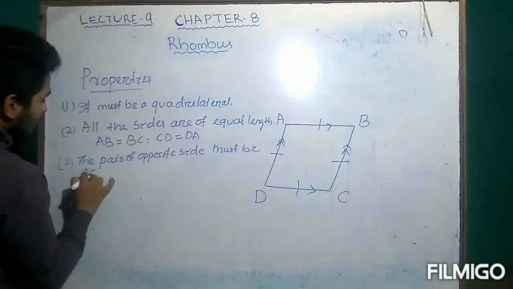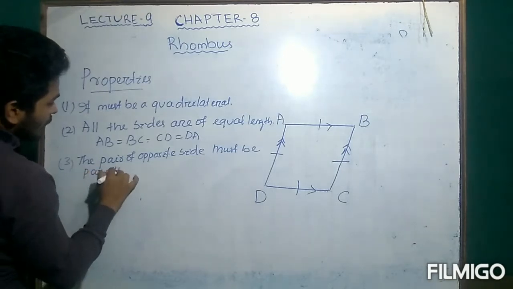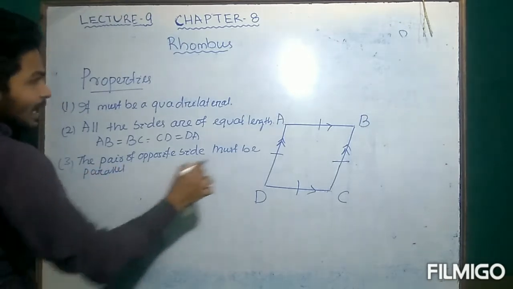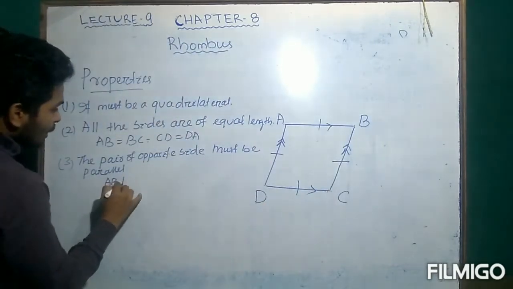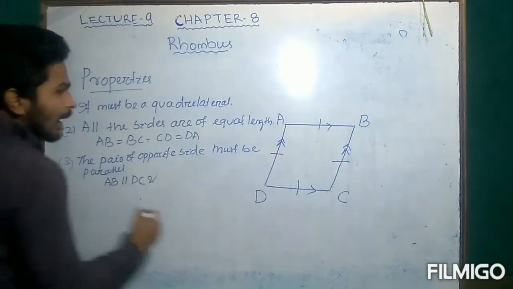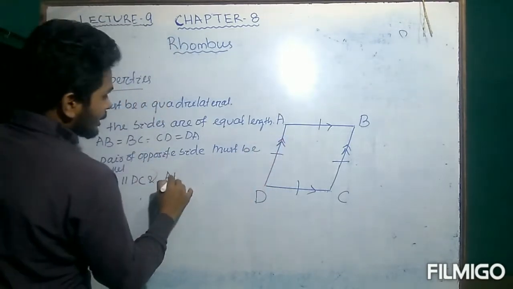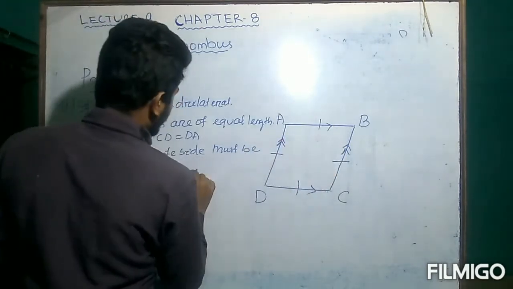AB parallel to DC, and AD parallel to BC.